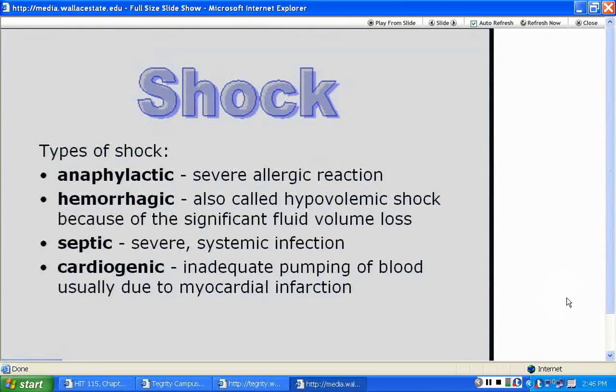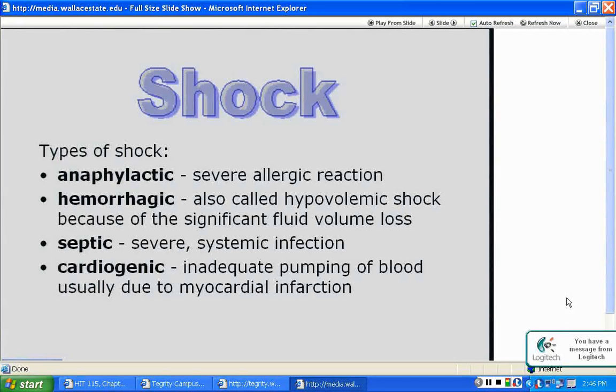In the cases of shock, it's very important that the emergency medical responders understand the type of shock and treat appropriately. Like the anaphylactic shock, it's part of an allergic reaction. They need some epinephrine really fast. They need something like IV Benadryl really fast. Hemorrhagic shock, they're losing blood.